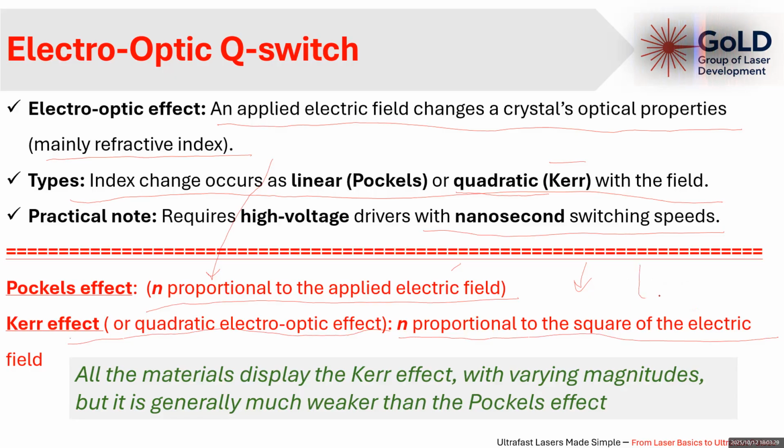So if you have an electric field here, and here your refractive index, this is a linear relation in the case of Pockels.